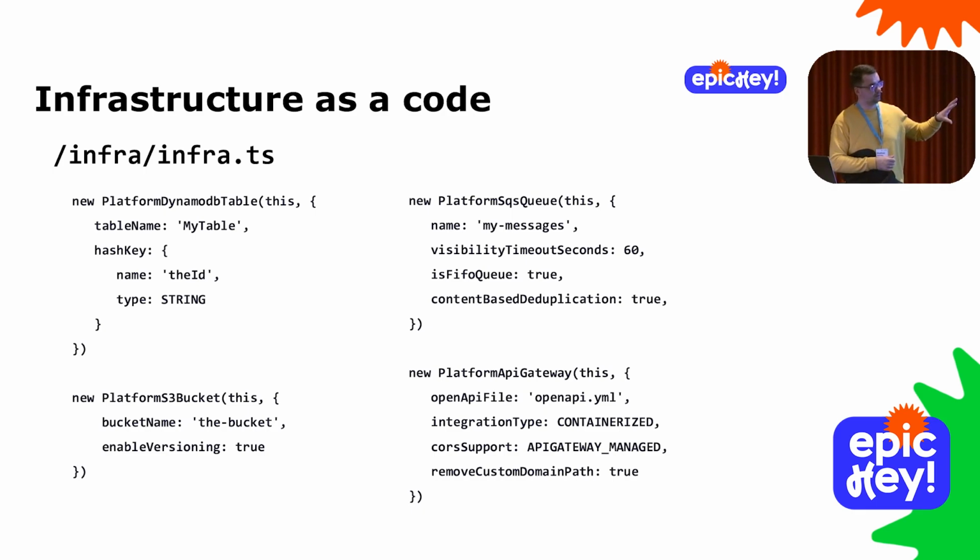These are high-level infrastructure as code constructs. They're so-called constructs. This is actually CDK-TF, so CDK for Terraform, and it's TypeScript. In this platform, we were using TypeScript for defining this high-level construct. Pretty simple.